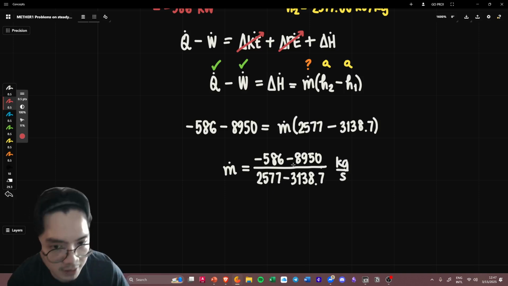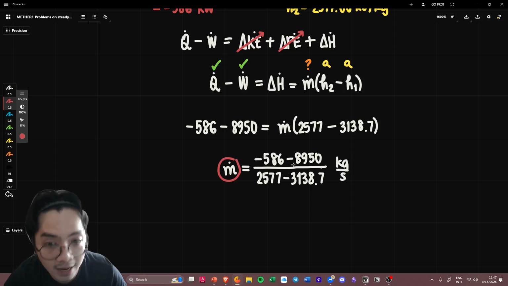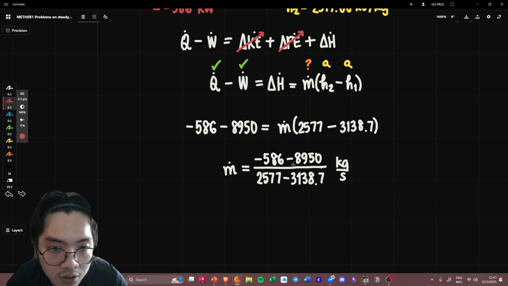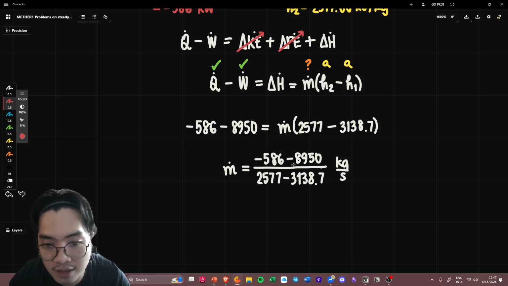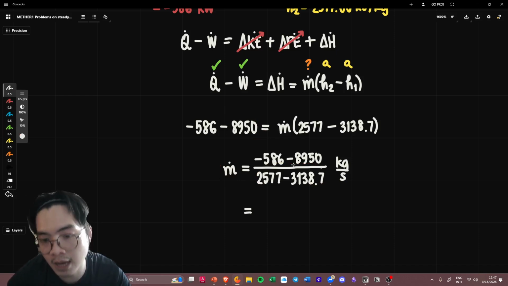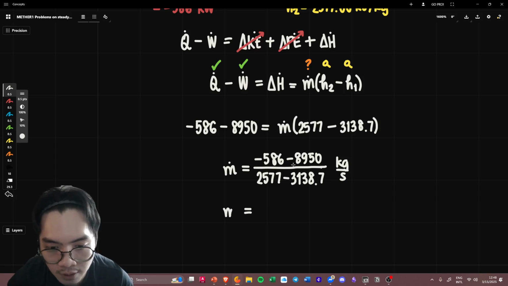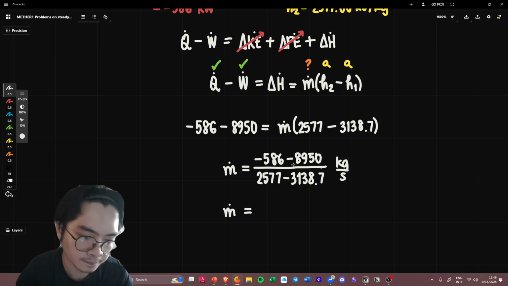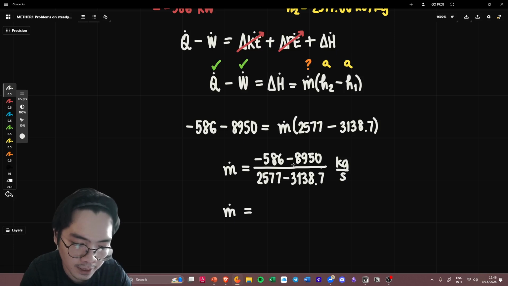Note that you might be scared, this cannot be a negative value. Even though this looks like a negative value here, this is also a negative value, so this will all cancel out. This will be a positive value. We will get, let me just see, negative 586 minus 8950 all over 2577 minus 3138.7.